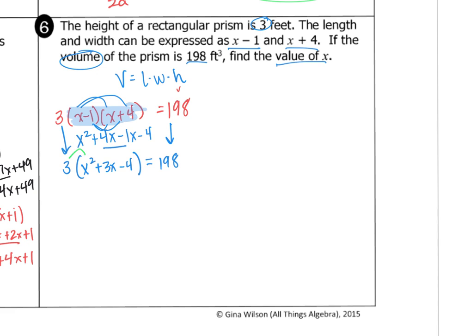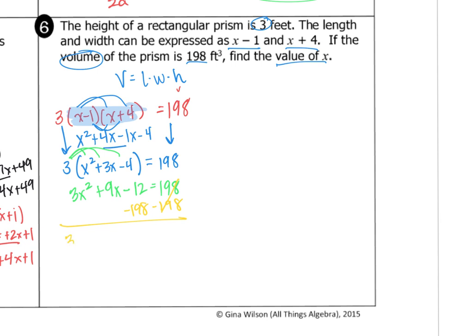Now we'll distribute the 3 into everything. We get 3x squared plus 9x minus 12 is equal to 198. So what do we do at this point? We need to subtract the 198 over, because it has to be set equal to 0.